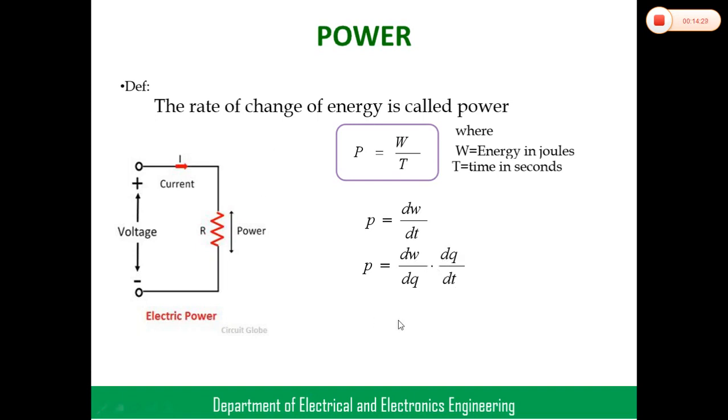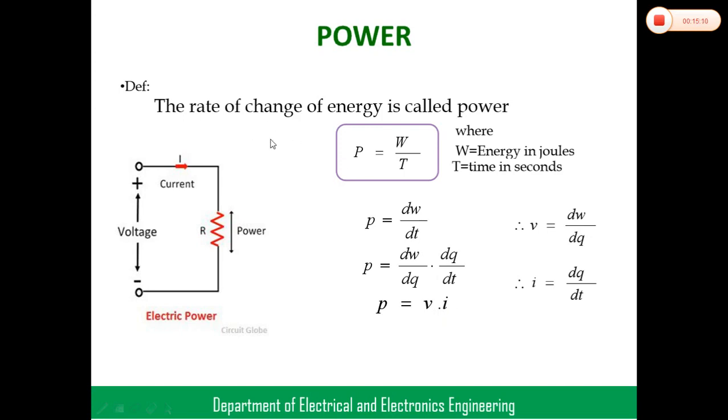Here dW by dq is the voltage, V equal to dW by dq, as I told you in the previous definition, and dq by dt is the current, I equal to dq by dt. So the power can be written as P equal to V into I. Very important.